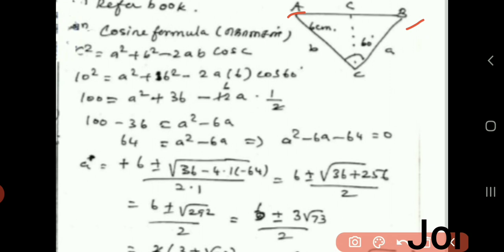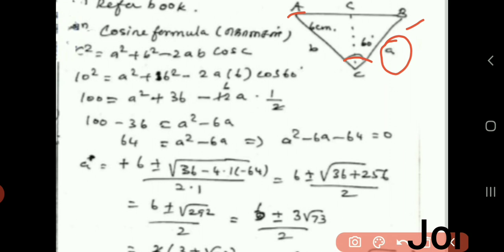The distance between them is 10 kilometers. And AB subtends 60 degree. They see the boat at 60 degree. Find the distance of the boat from B. So we want to find this value here.